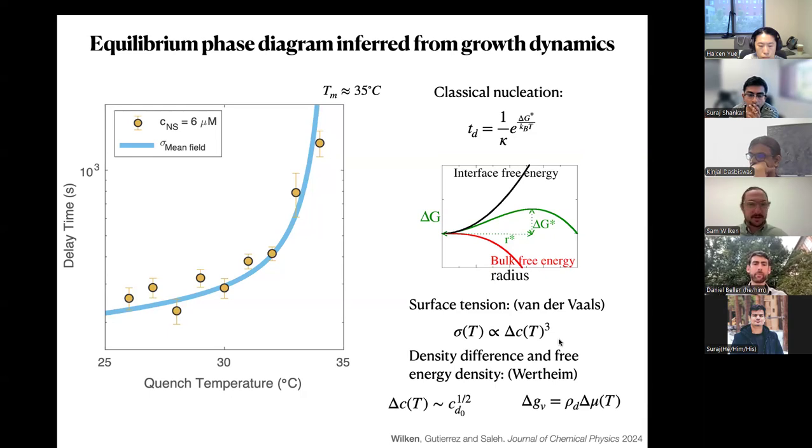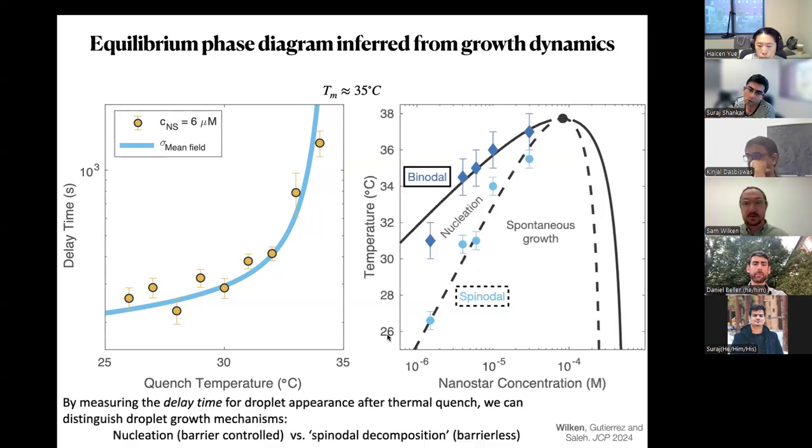And so the value in doing this is that now we can perform experiments at different temperatures and concentrations, and we can estimate not only the equilibrium binodal line by the melting temperature, but we can also distinguish the growth dynamics for all points in the phase diagram within this binodal line.